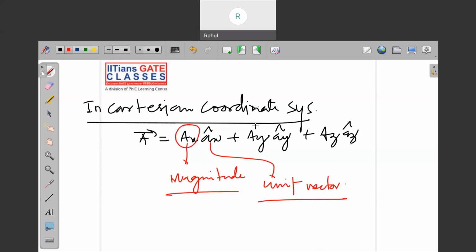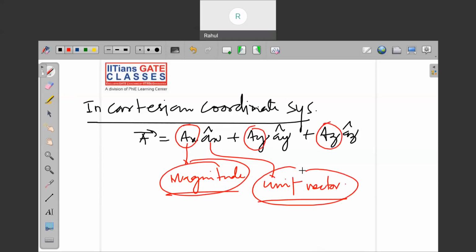These are the components along the x, y, and z directions, or you can say the vectors as well. Please keep this in mind. This is in the Cartesian coordinate system.